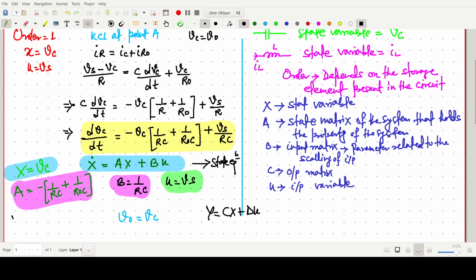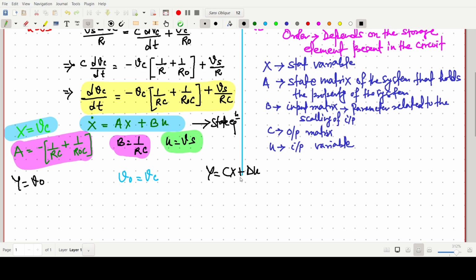Here y is our V naught. So what we can write is C into x. So C we can say 0. X is what? Vc, the state variable. So 0 into Vc plus D.